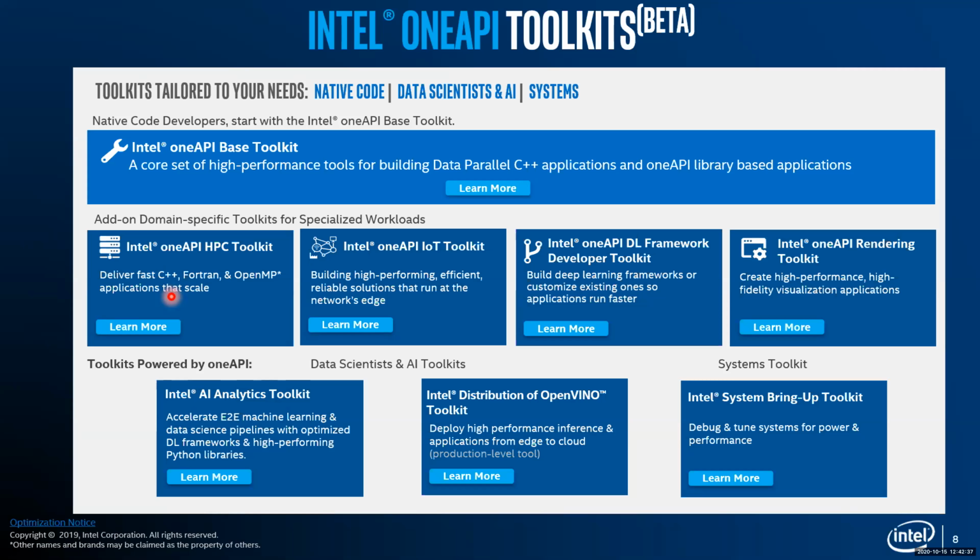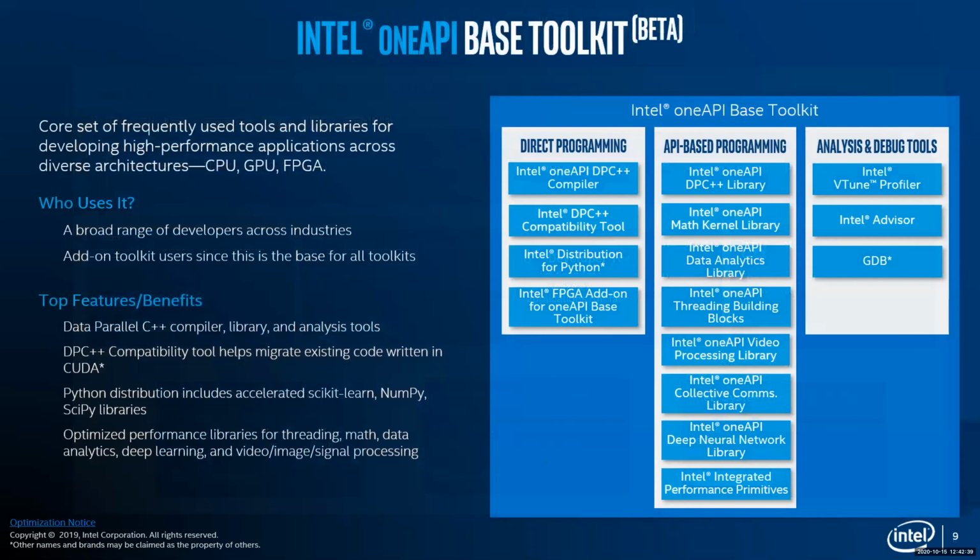So let's look at what's actually in the oneAPI base toolkit. You can see we have a lot of libraries, like the communications library, the data analytics library, and the DPC++ compiler.